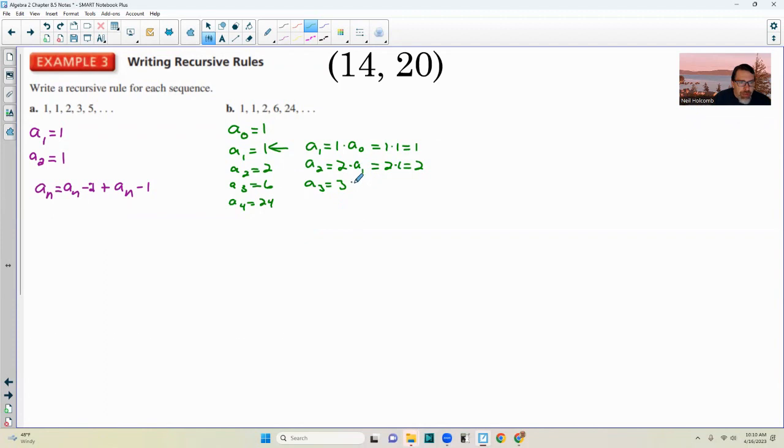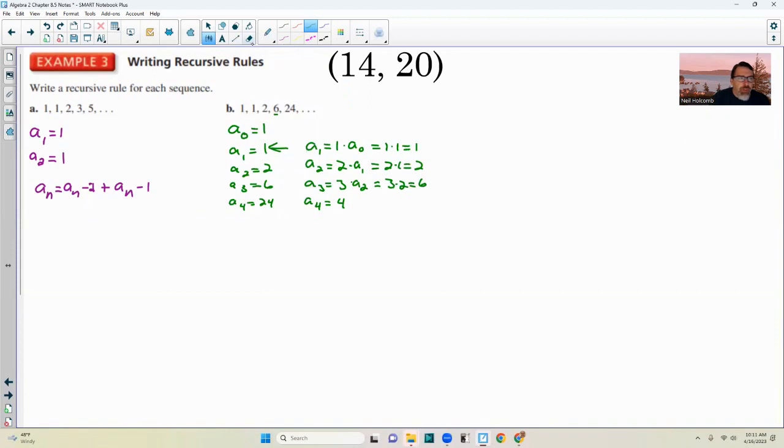So now if I take 3 times a sub 2, what happens? Well, a sub 2 is 2. So that's going to be 3 times 2, and I did, in fact, get 6. And I'm going to try it one more time. A sub 4 is going to equal the number of the term.